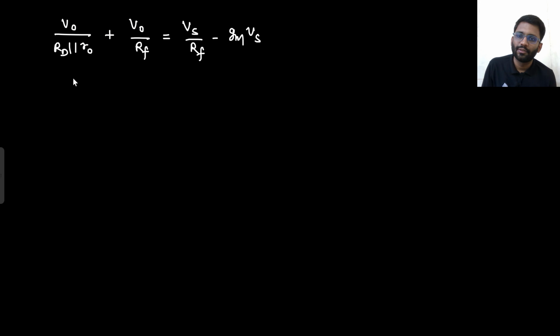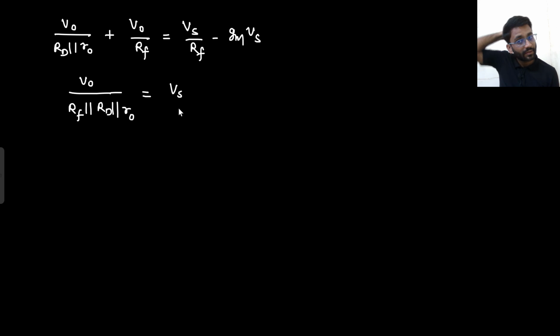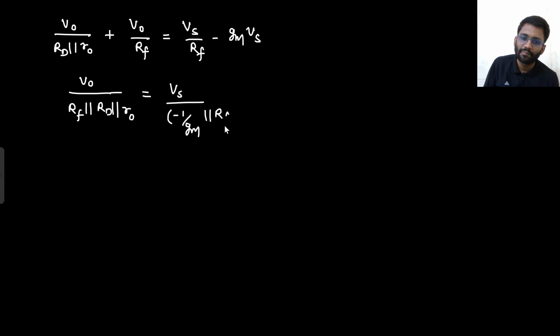Yeah. So this would be V0 by Rf parallel with RD parallel with R0 equals Vs by minus 1 by Gm parallel with Rf.